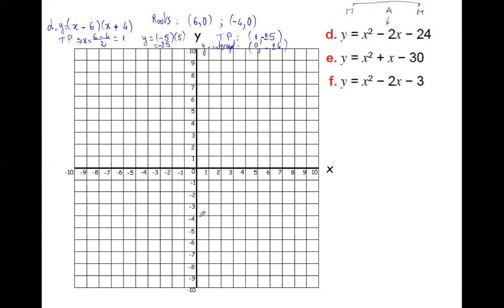So if this is 10, this is 20, this is 25. Let's change that to minus 5, minus 10, minus 15, minus 20, and minus 25.